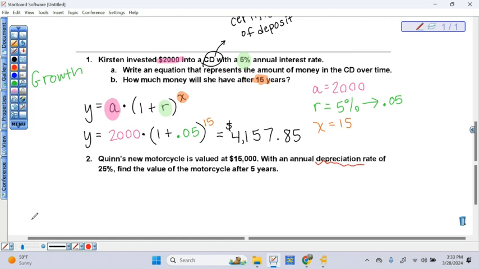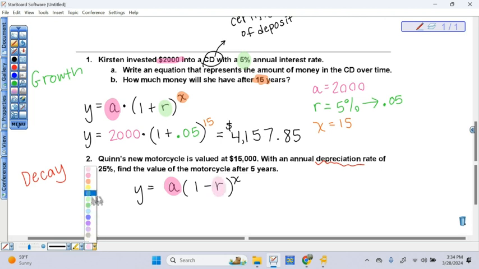So yeah, growth or decay? Decay. And what's different about our decay equation? Yeah, so we're going to do y equals a times (1 minus r) to the x, where again, a is my starting amount, r is my decay rate, and x is the amount of time.